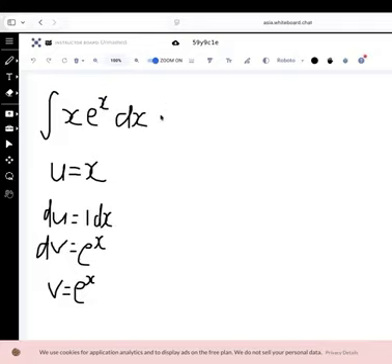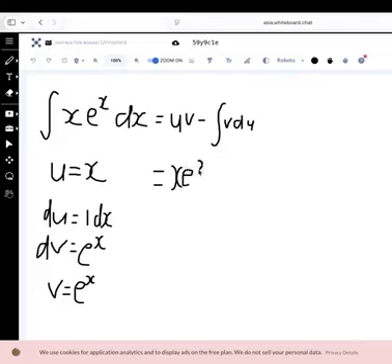And now let's use the formula. The integration by parts formula goes like this: uv minus the integral of v du. u is x, and v is just e to the x, minus the integral of v, which is e to the x again, and du is just 1 dx, which is just dx.